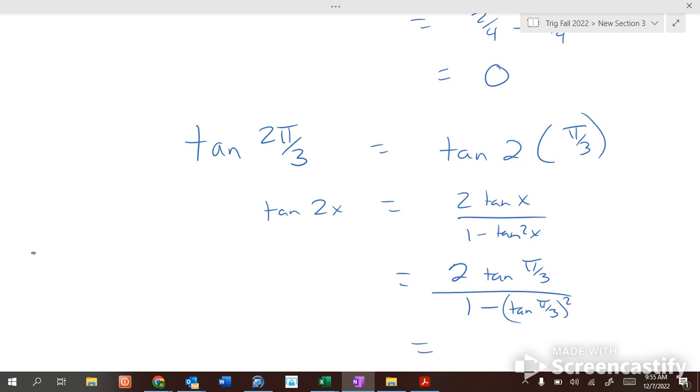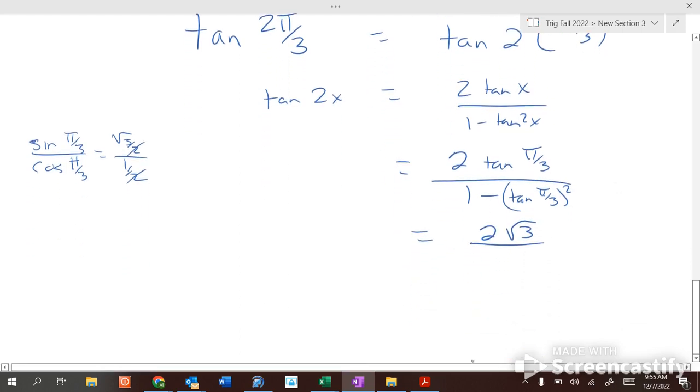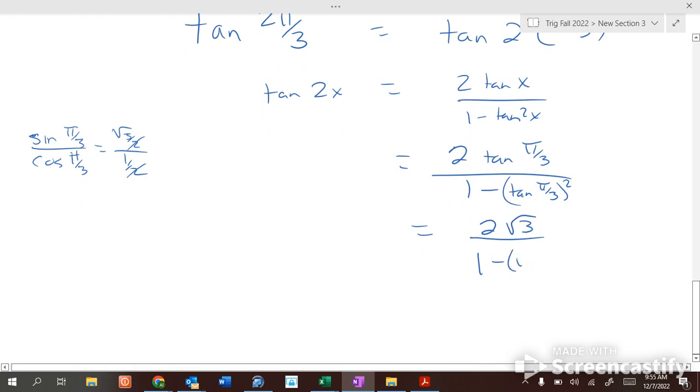What is the tangent of pi over 3? Well, it's the sine of pi over 3 over cosine of pi over 3, which is square root of 3 over 2 over 1/2. 2's cancel, so it's square root of 3 over 1, or just square root of 3. So you get 2 times the square root of 3 over 1 minus the square root of 3 squared.